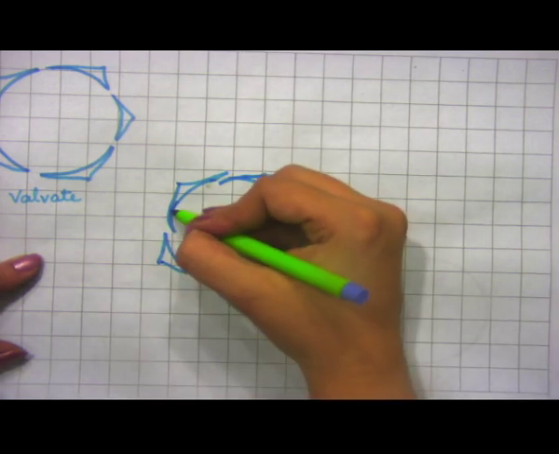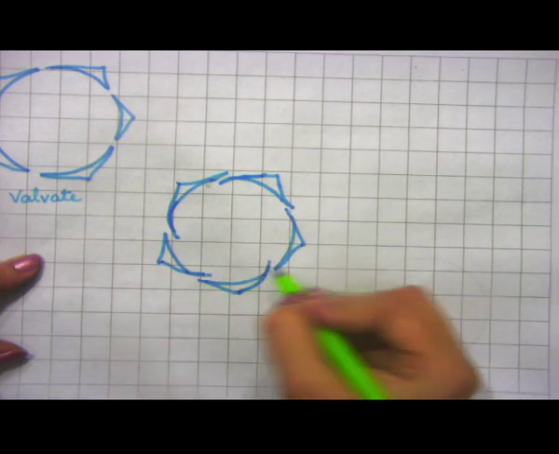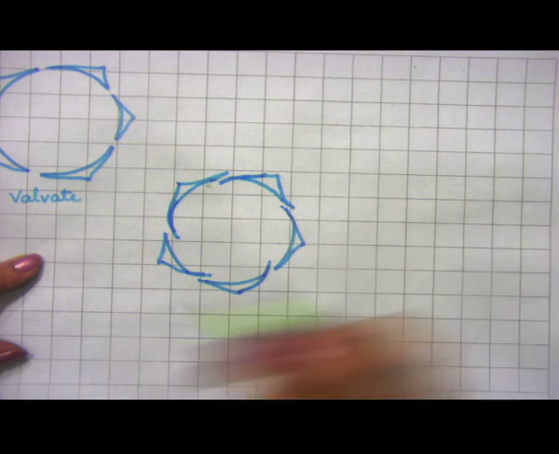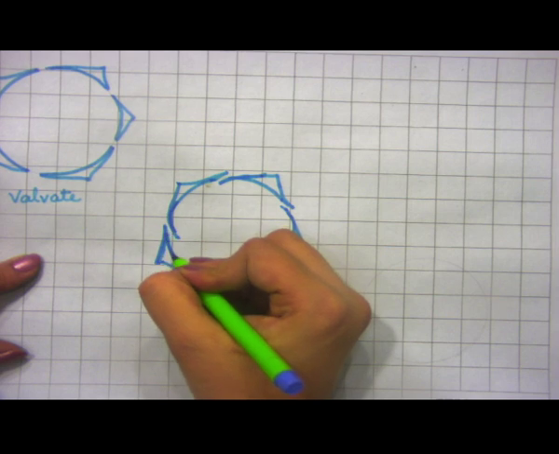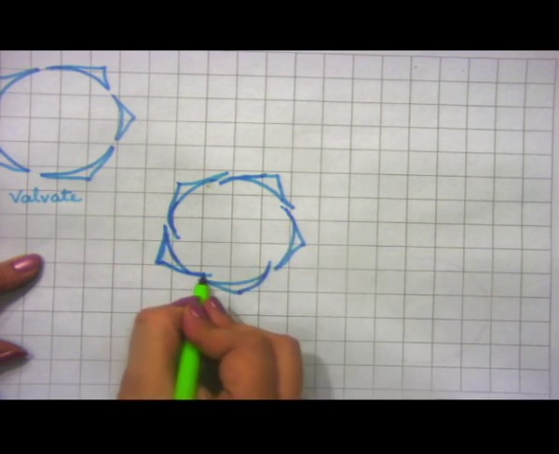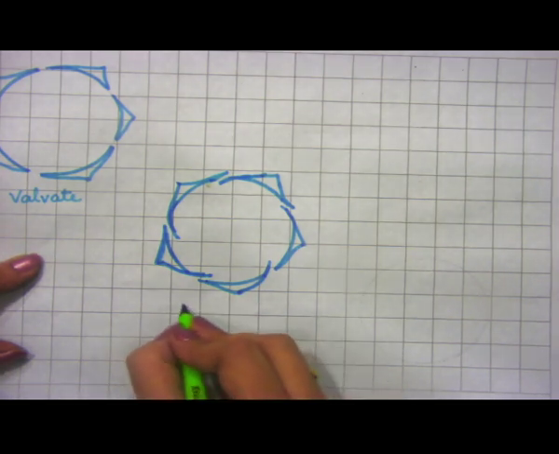So, in this way we have drawn 5 overlapping petals where one end is being overlapped by the other. Then you can give finishing touches to your diagram and you are good to go. This is twisted aestivation.